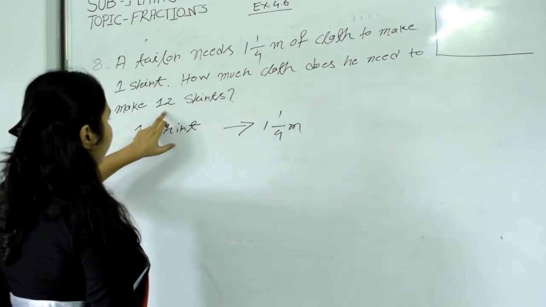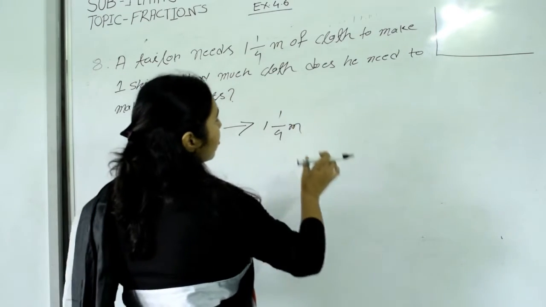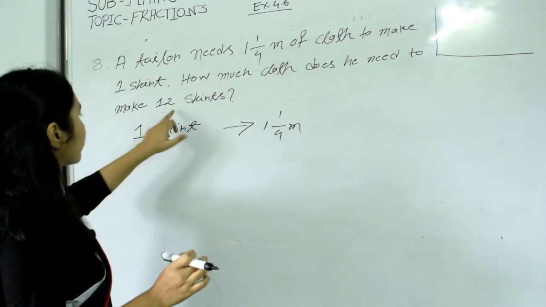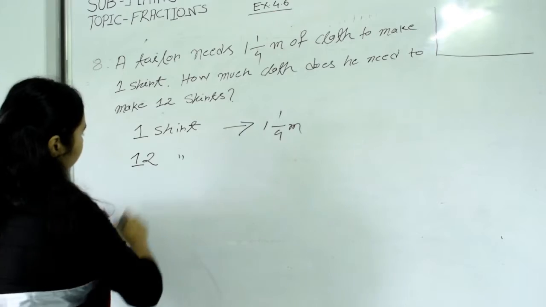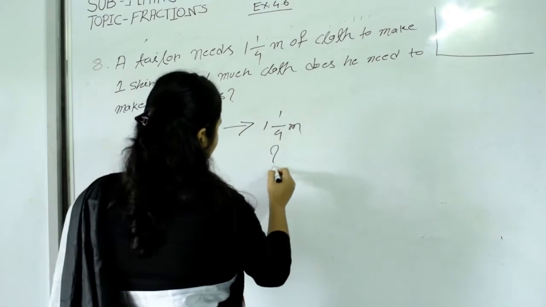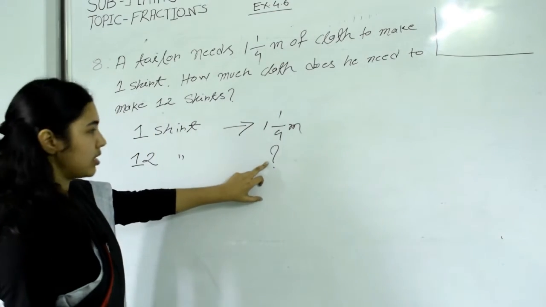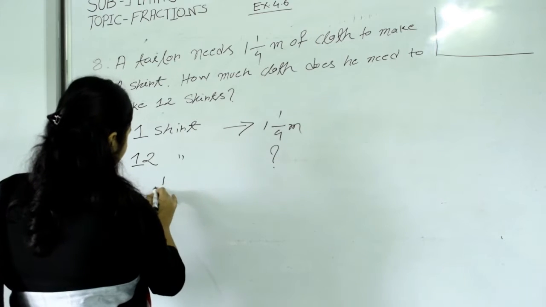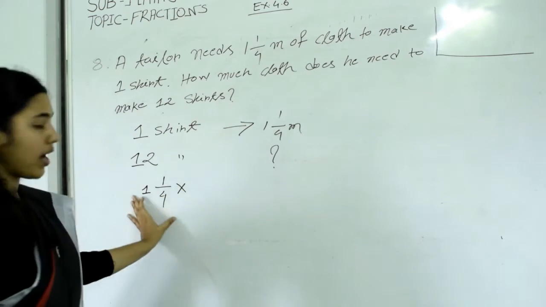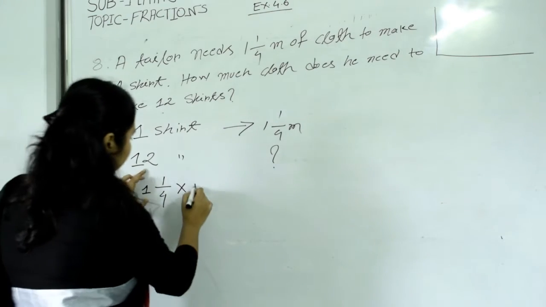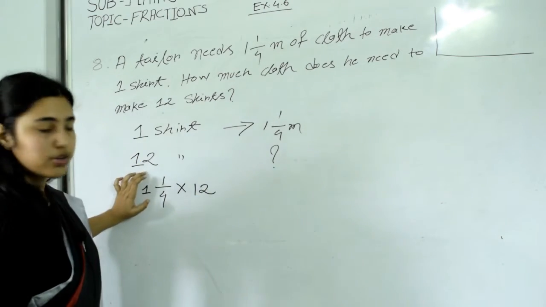So we have to find how much cloth it needs to make 12 shirts. Okay, which means we have to multiply this mixed fraction with this whole number 12.